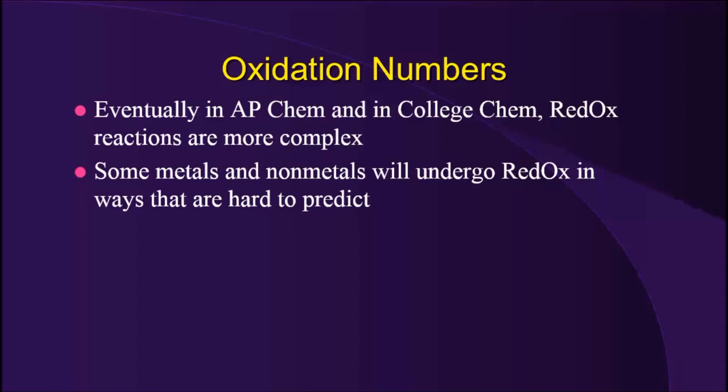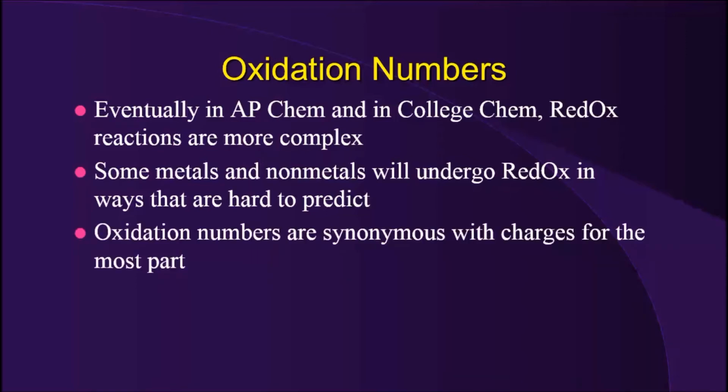Eventually, AP chemistry and college chemistry will require you to go far deeper into oxidation reduction than we're going to go in honors chemistry. Some metals and nonmetals will undergo redox in a way that is harder to predict. So we imagine what their charge is. Their imaginary charges are called oxidation numbers.